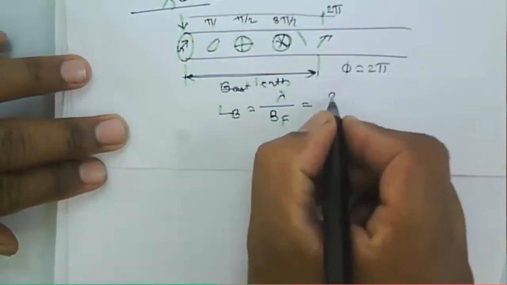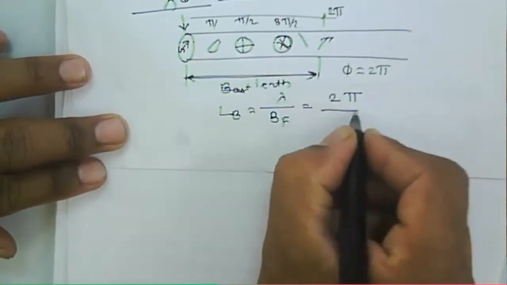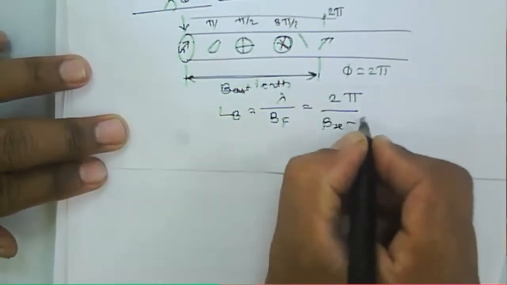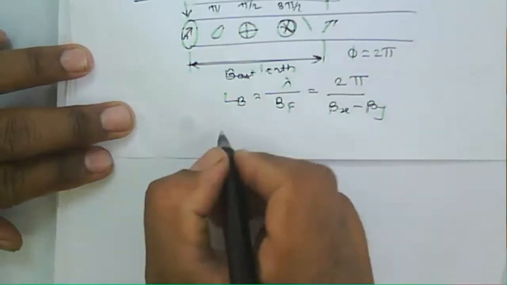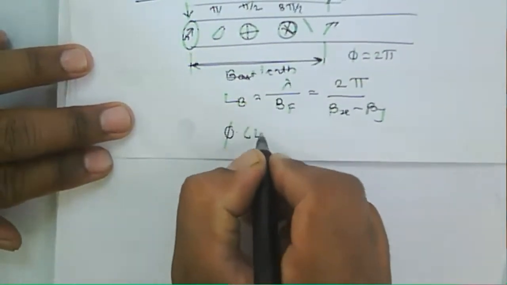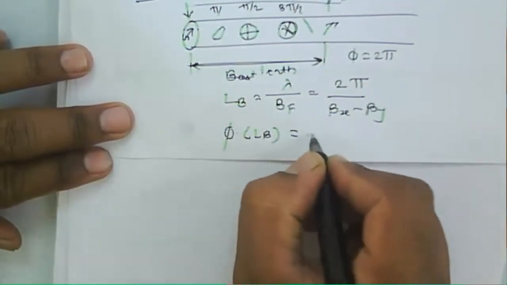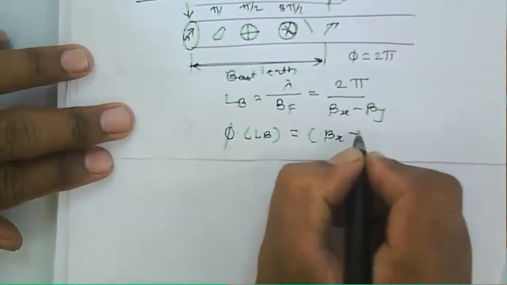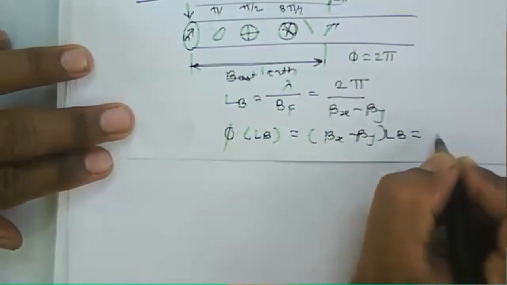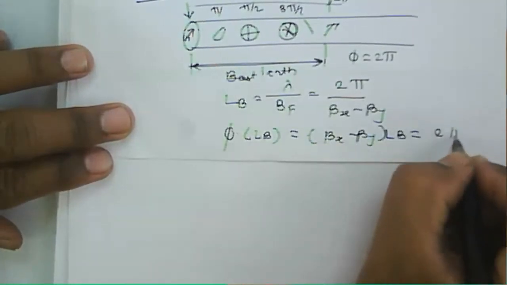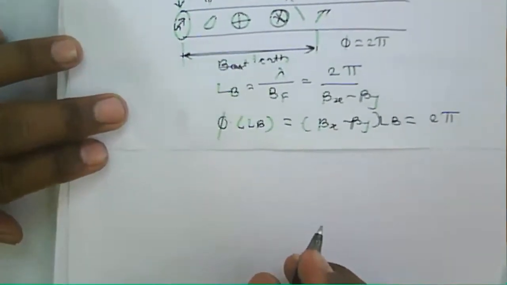Or we can write it as twice pi by beta x minus beta y, because phi equals beta x minus beta y times LB, and that will be equal to twice pi.